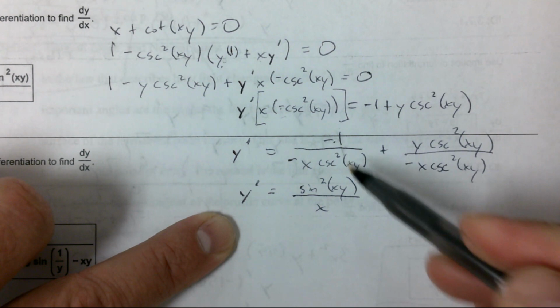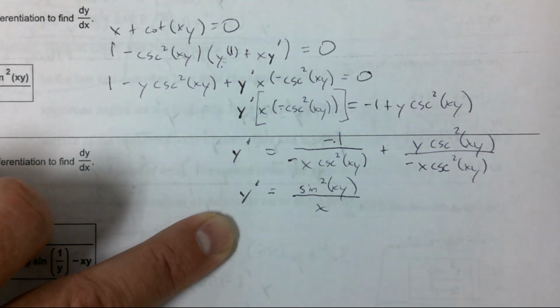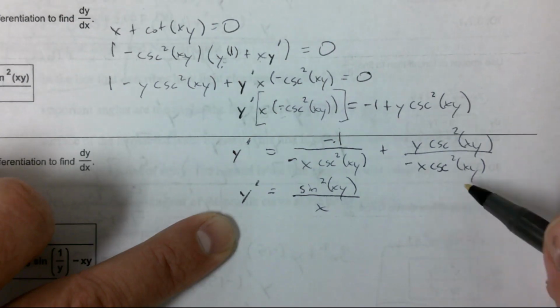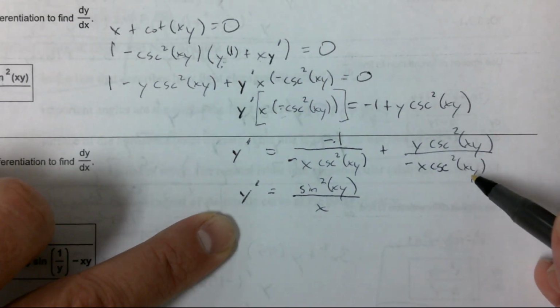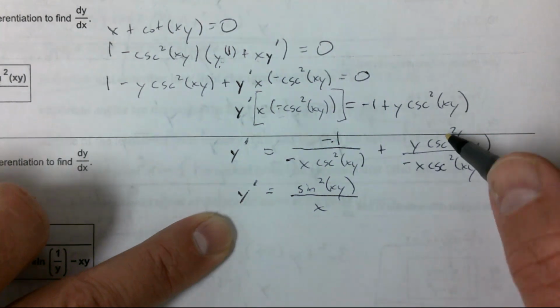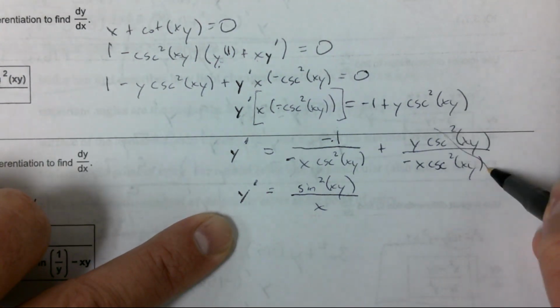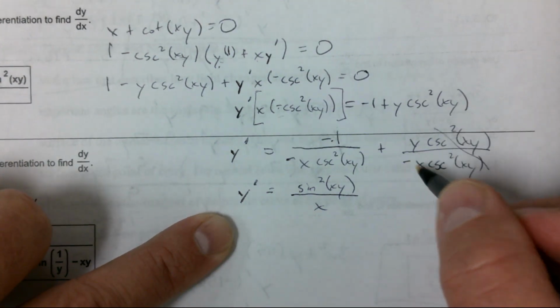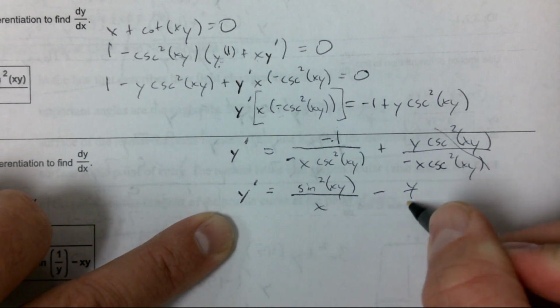So that did end up pretty clean after all. And then on this one, looks like our cosecant squareds are going to cancel, and so we have minus y over x.